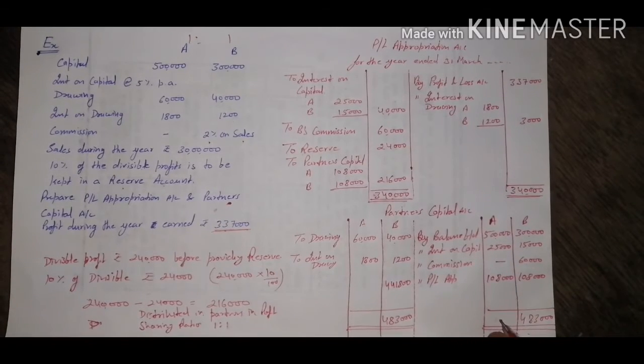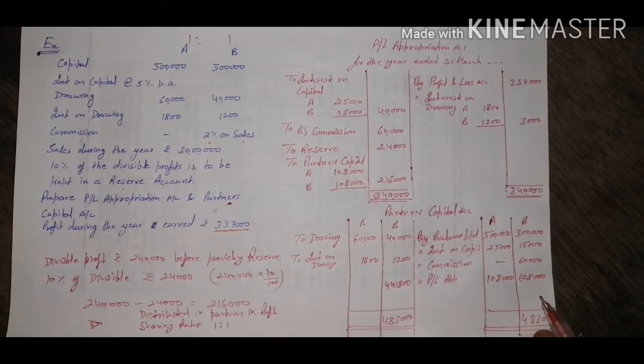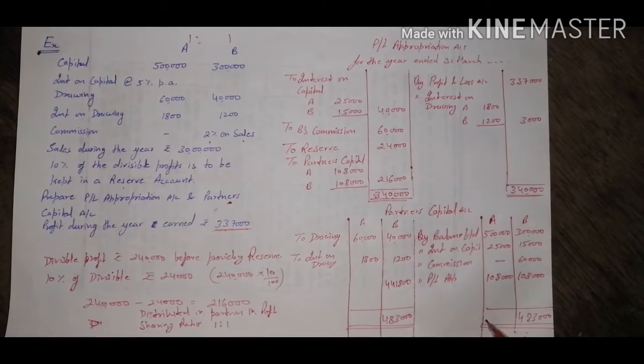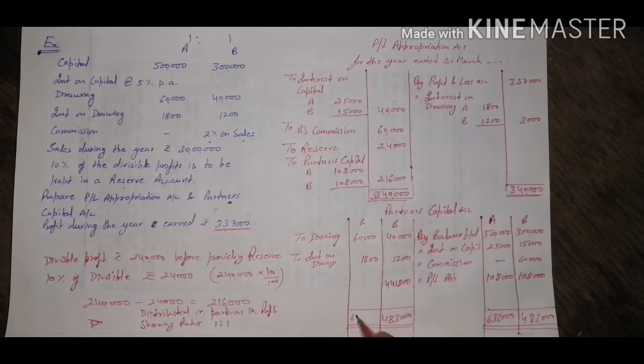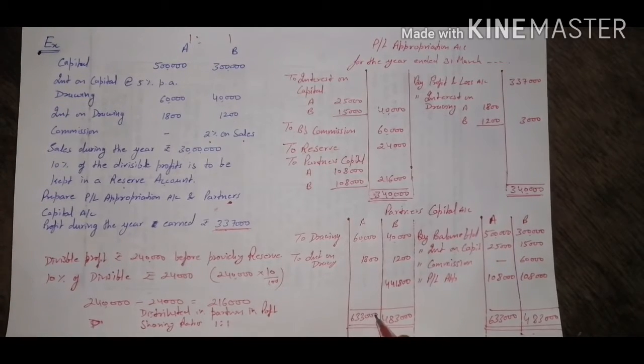A's capital account credit side is rupees 5 lakh plus 25,000 plus 1,08,000, a total of 6,33,000.